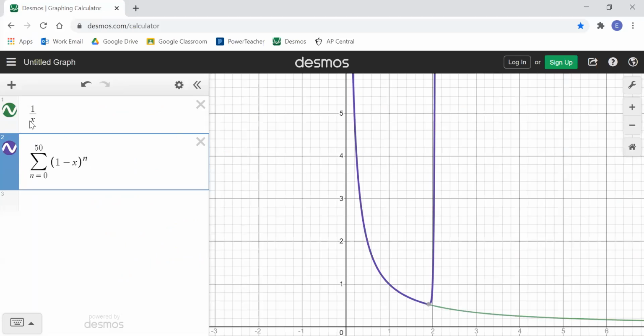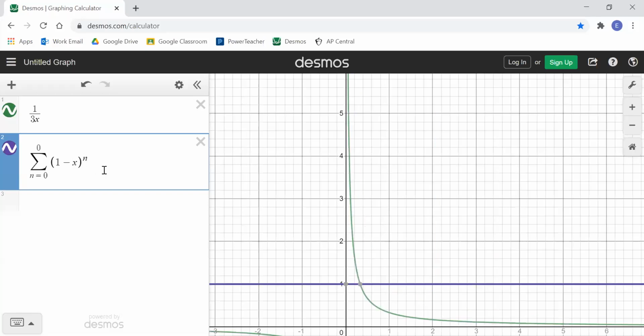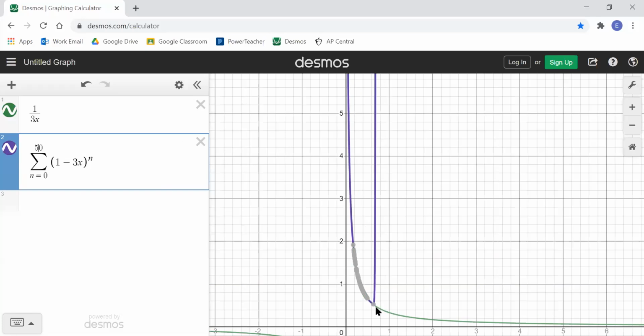So let's do that. 1 over 3x. And our summation became 1 minus 3x to the n. And between 0 and, I don't know about here, probably 2/3 once this finishes populating. And it looks real good between 0 and 2/3.